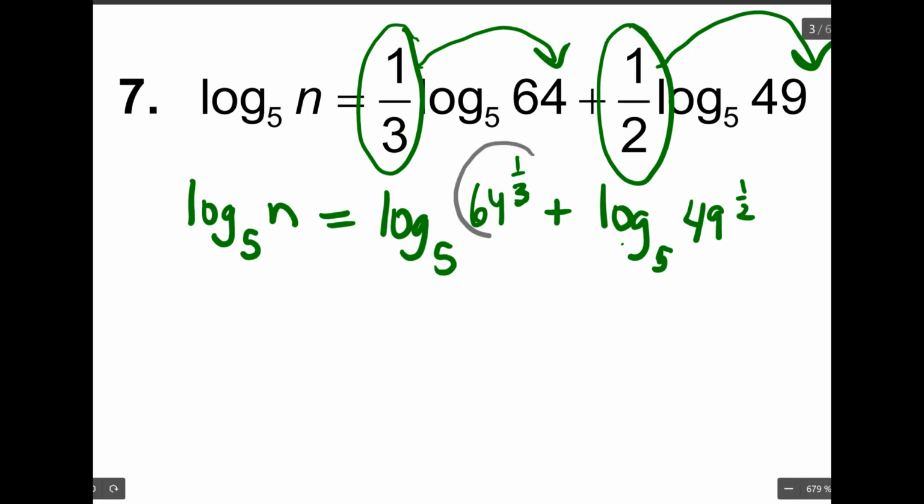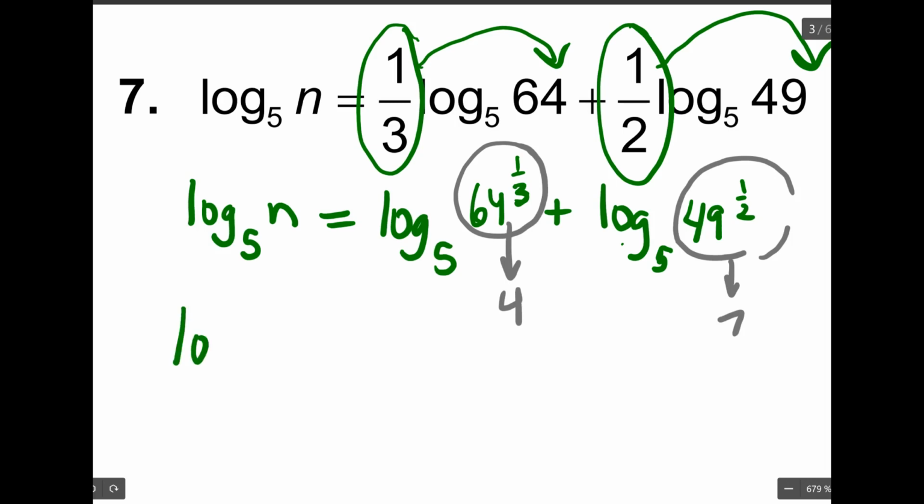Do I know what 64 to the 1/3 power is? What is the cube root of 64? What times itself 3 times is 64? Yeah, so this is 4. What about the square root of 49? Okay, so I'm just going to rewrite knowing that we evaluated those.